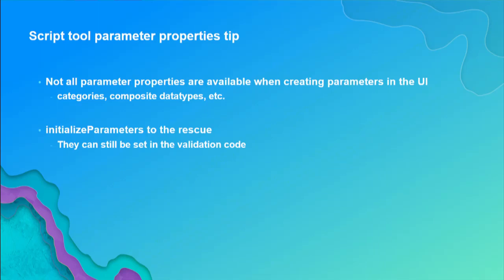A few other things like composite data types. Sometimes you want to combine data types together, like accept either raster or feature class as your input. You can't do that through the UI in ArcMap. You can in Pro, but you just go into your validation code and set it that way, and then it overrides. And if you do that composite one, you can actually see it reflect in the UI. It'll say feature class or raster, but you can't actually pick it. But you can engineer it behind the scenes through the validation.